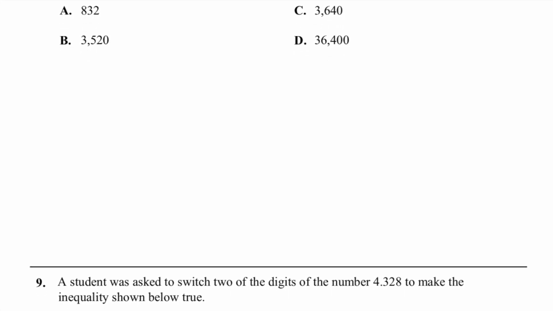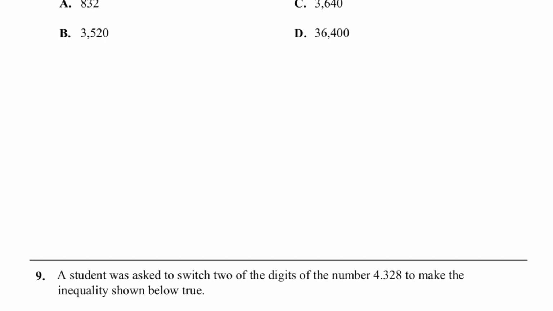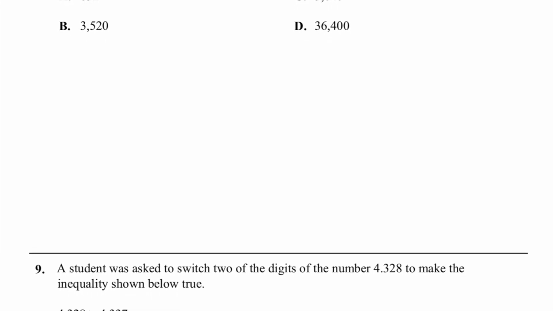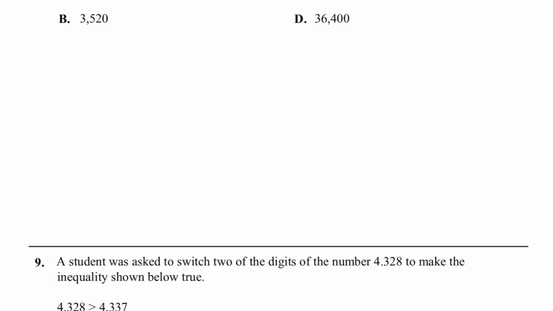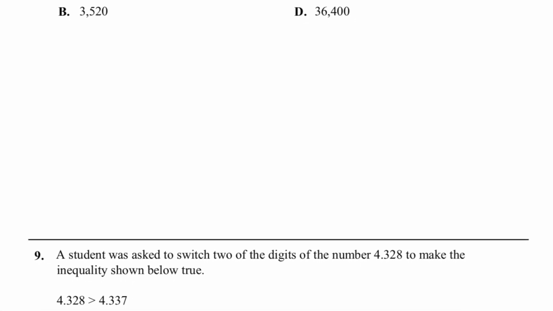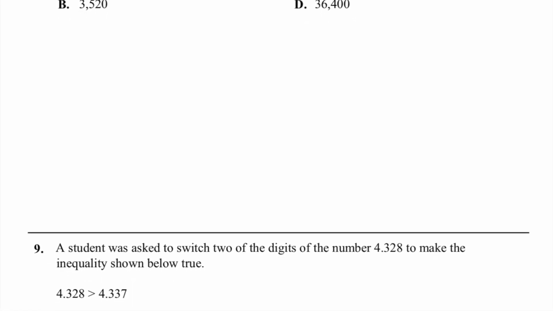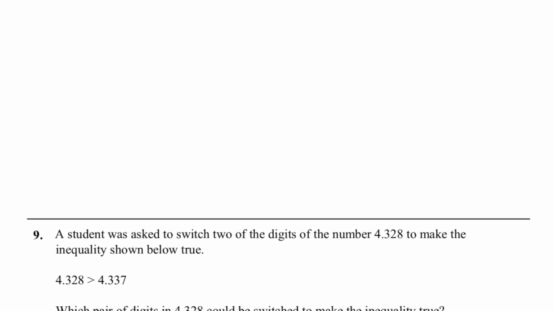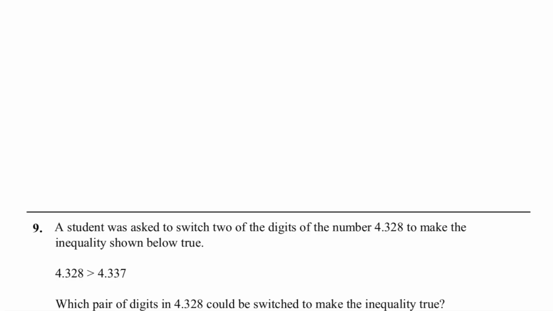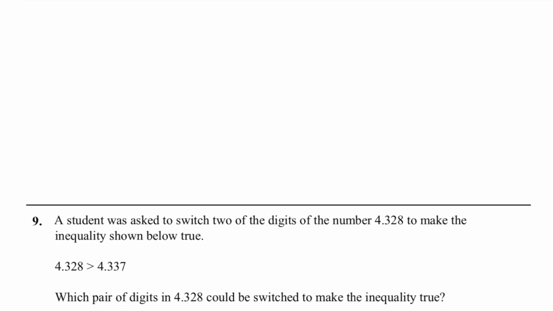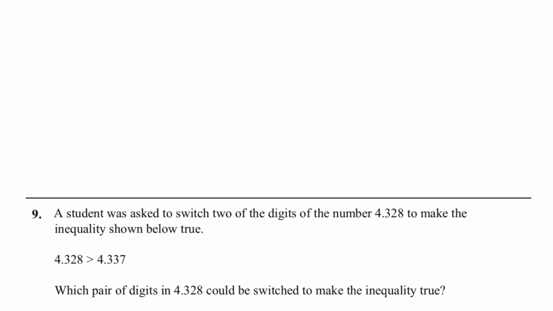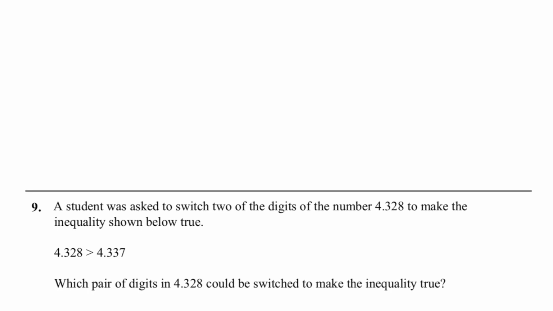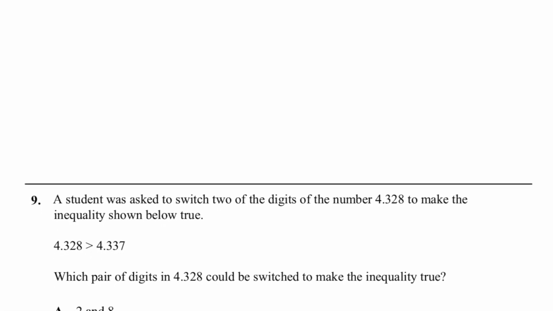Number 9. A student was asked to switch 2 of the digits of the number 4.328 to make the inequality shown below true. 4.328 is greater than 4.337. Which pair of digits in 4.328 could be switched to make the inequality true?